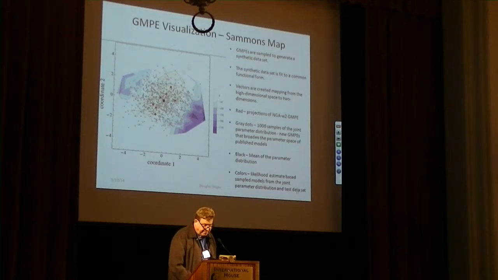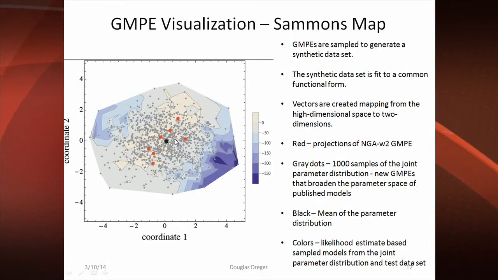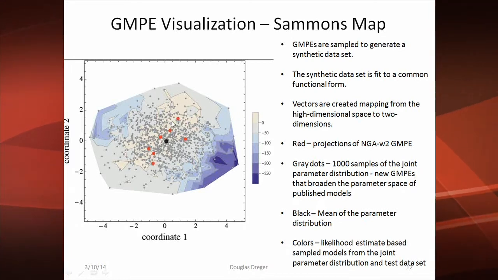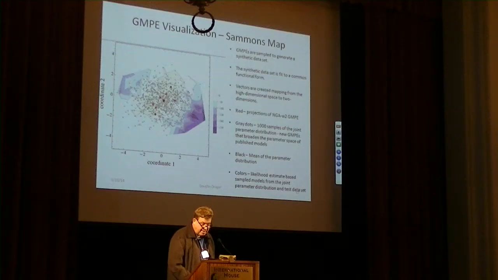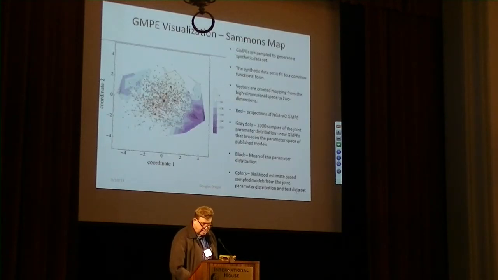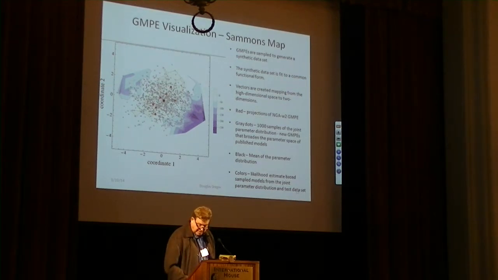So what this is showing now is the original 7 GMPEs and their projections into the space, and then through this process, 1,000 realizations of the joint parameter distribution. Each one of these points can be thought of as a new GMPE.